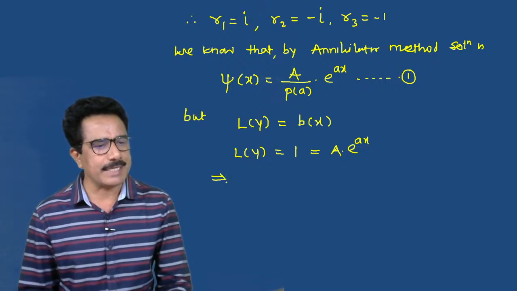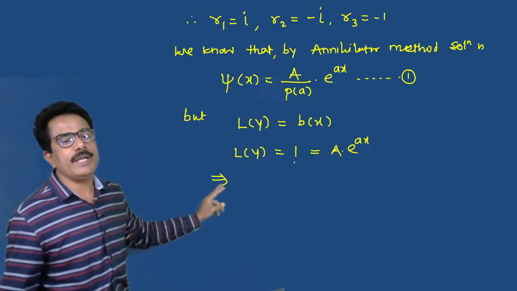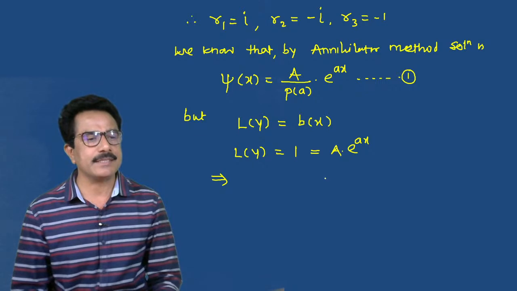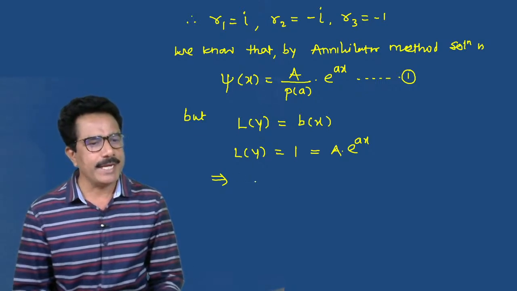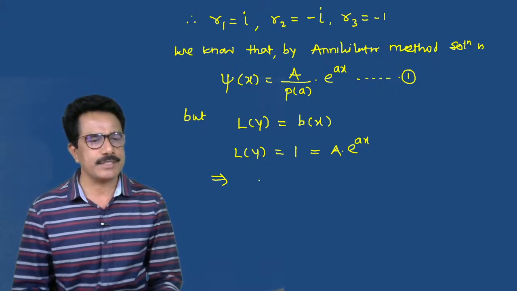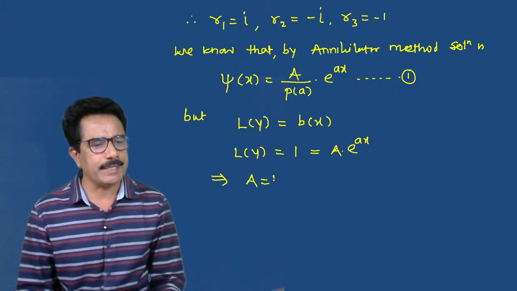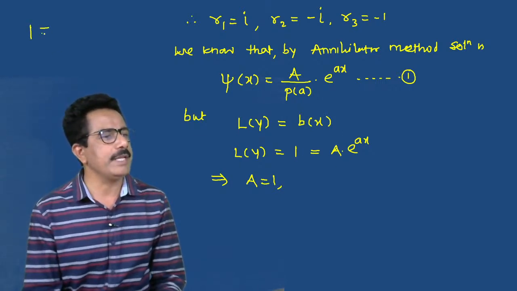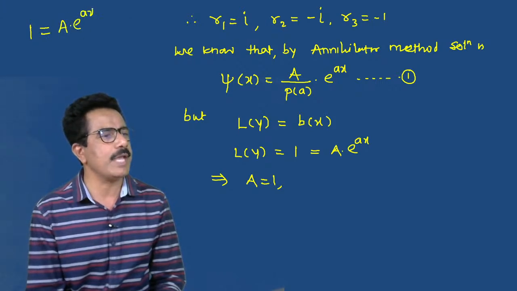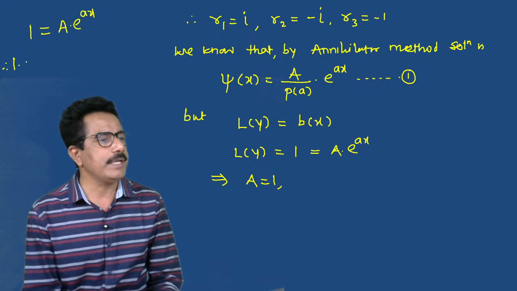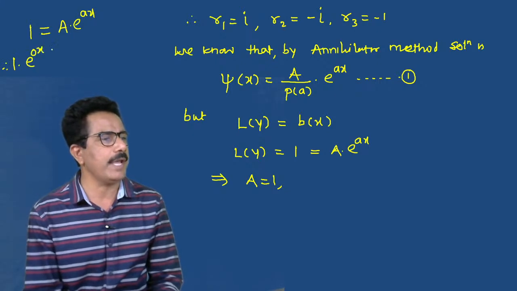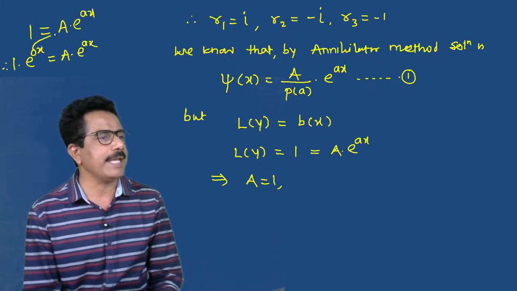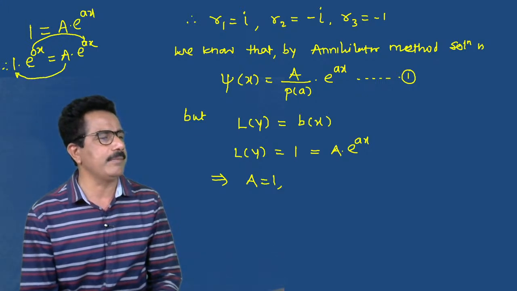This implies that, now compare: 1 equals A into e raised to ax. See how the solution comes. Here there is no e raised to x term. See this, 1 equals A into e raised to ax. We can also write it as 1 into e raised to 0x equals capital A into e raised to ax. So a can be replaced by 0, capital A can be replaced by 1.